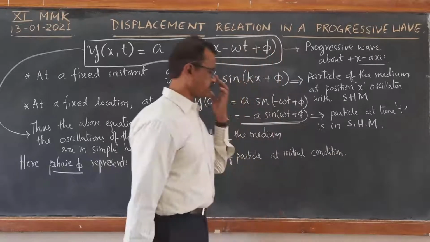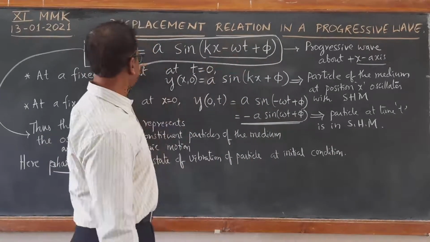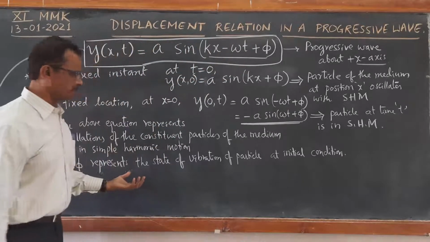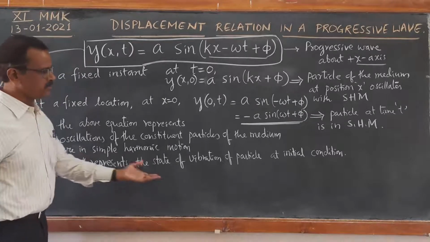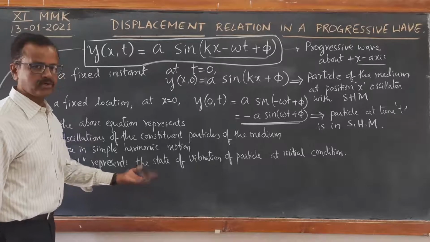At the initial condition, that is at x equal to 0 and t equal to 0, we get a sin phi, which gives us the initial state of vibration. That is what we call phase phi. We can also call it the initial phase angle or initial phase constant.